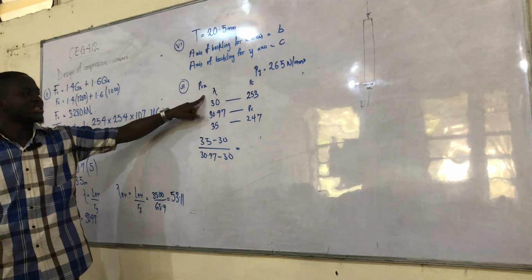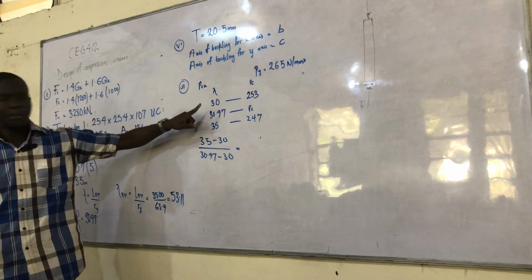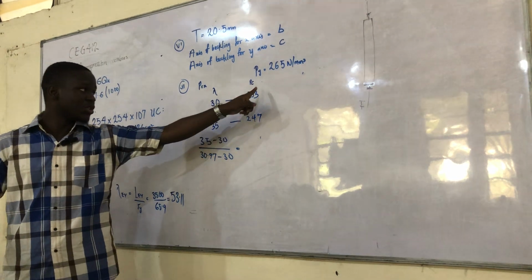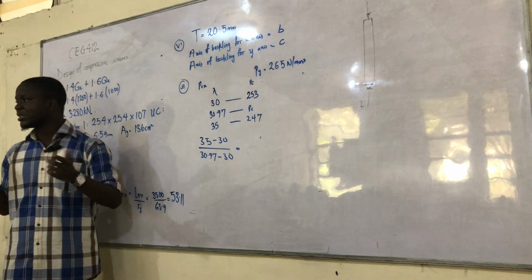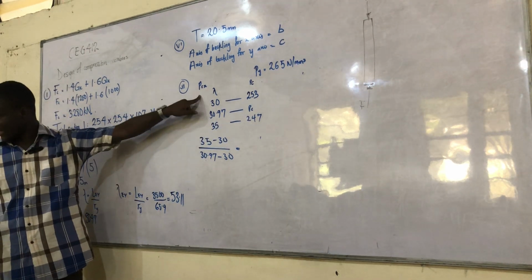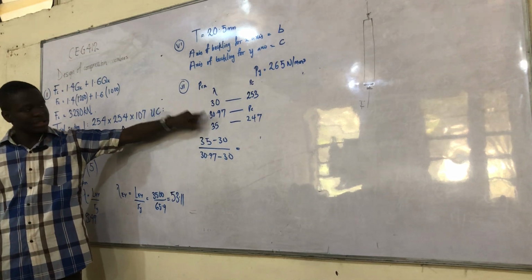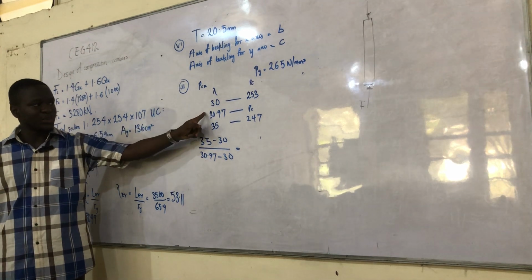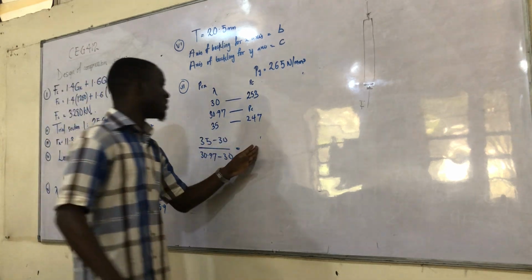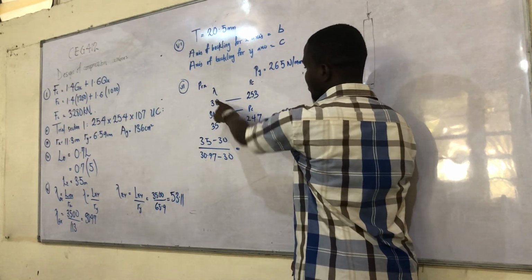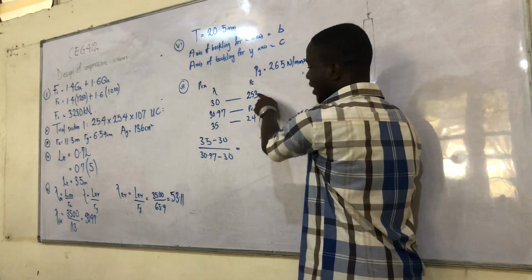So if you are taking this minus this for your numerator, make sure for the right side too, it is this minus this. The way I take it is 35 minus 30 for the numerator, divided by 30.97 minus 30 for the denominator. So for the right hand side too, I'll take the same thing. This 35 minus 30 for the right hand side is what? 247 minus what?